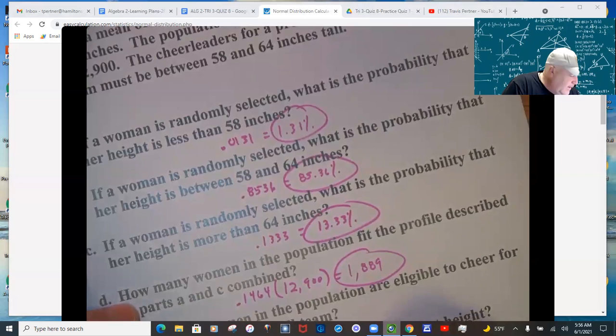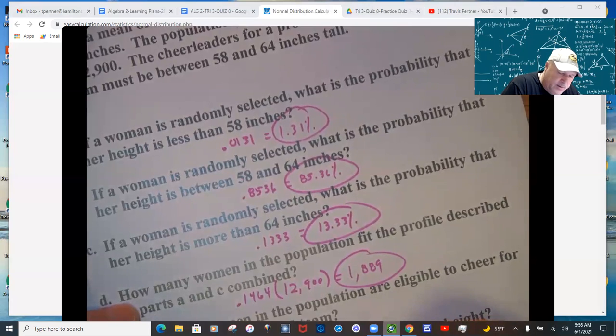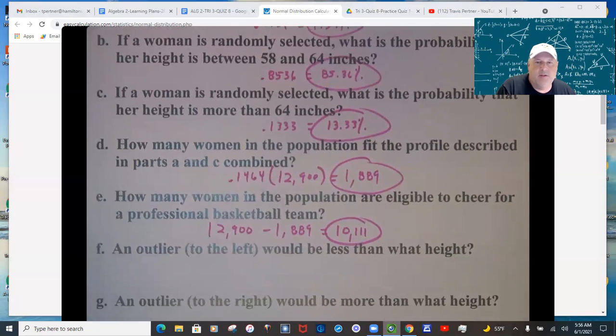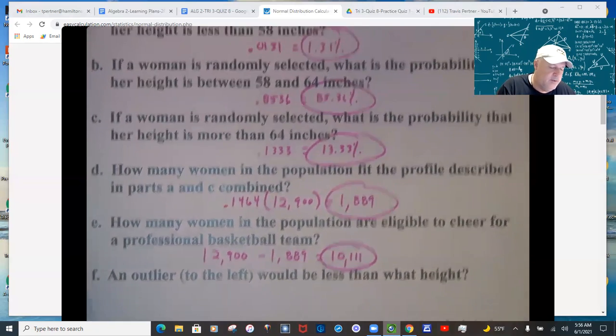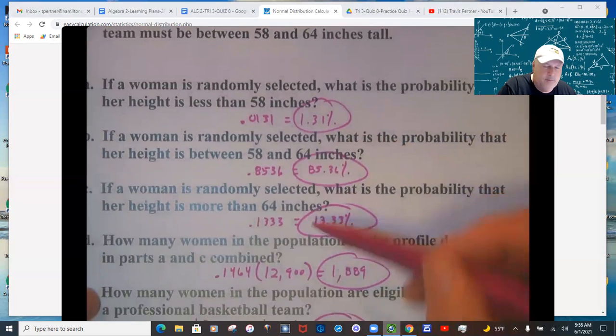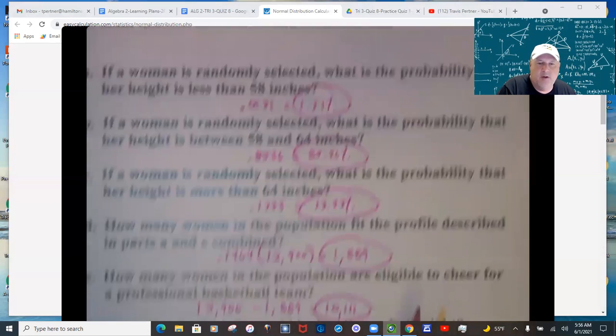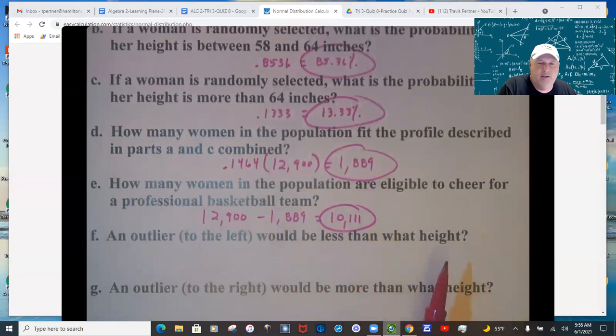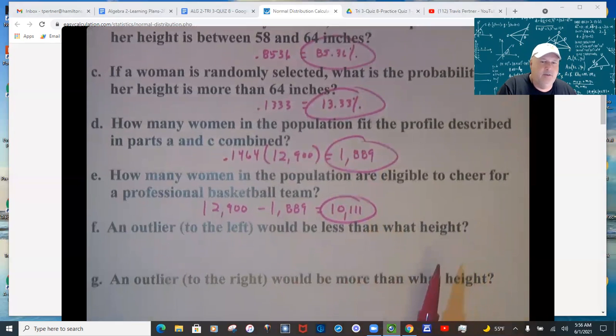And then you subtract that, and that's 10,111. So it's the complement principle each time that you do that. Again, this is 0.0131 plus 0.1333 for the 0.1464. And then you figure that number out. That's how many are not eligible to cheer. So subtract that from 12,900, and that's how many are eligible to cheer.